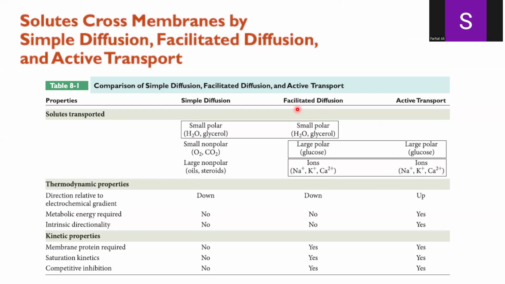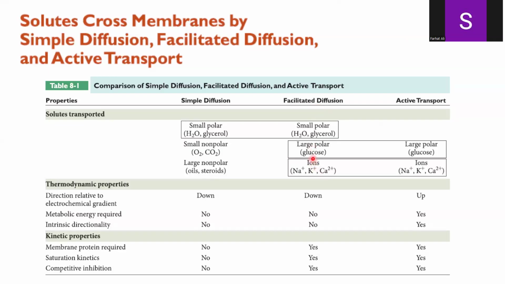These proteins are embedded in the membrane, and they bind to different types of solute molecules on one side of the membrane, and then transport them to the other side. This process is called facilitated diffusion, because diffusion is facilitated by the proteins embedded in the membrane, which help in the transport of those solute molecules down their concentration gradient.